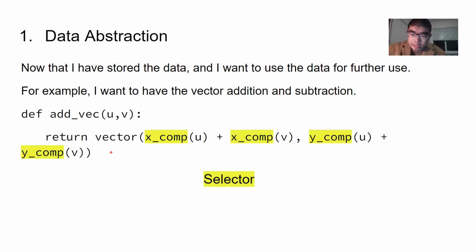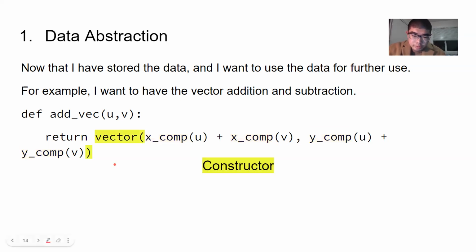Then the next step, after finding them, is to use a constructor. Although you may know we have the list type, we can only use the tools provided, which is the constructor vector function. The vector function will return a vector, and the first place will be the X component and the second place will be the Y component.